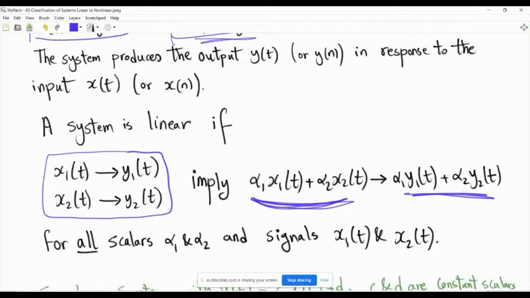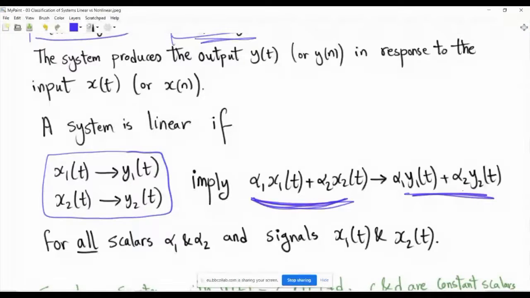A linear system will produce as an output the signal alpha 1 y1 of t plus alpha 2 y2 of t. And it will do so for every possible x1, x2, alpha 1, and alpha 2. If it does so, then the system is said to be linear. Otherwise, the system is nonlinear.